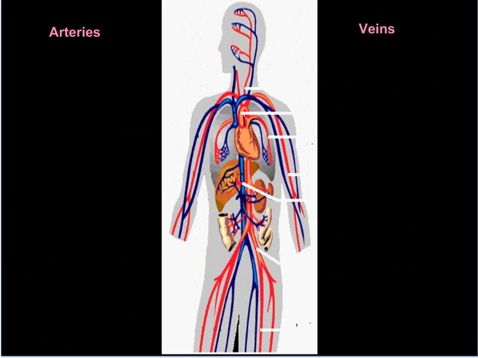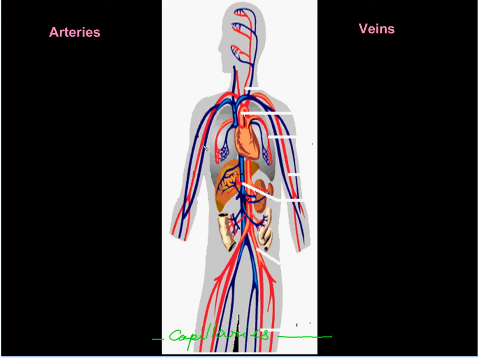There are three different types of blood vessels. Number one is the arteries, number two is the veins, and the third one is the capillaries, which are the connecting link between the arteries and the veins. Now, how are arteries different from veins?